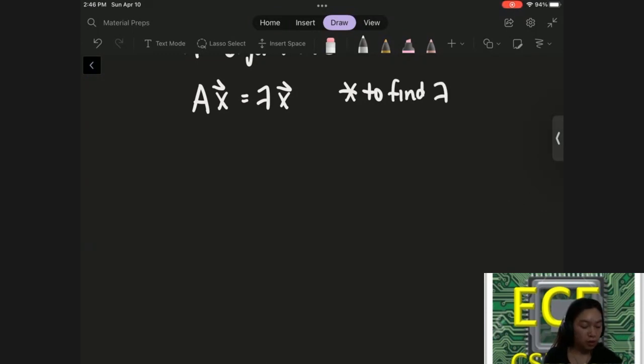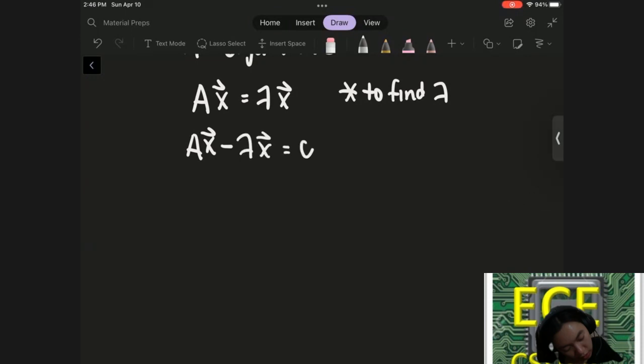I'm going to start off by moving lambda times the vector x to the other side. To do that, I'm going to subtract. So A times the vector x minus lambda times the vector x equals 0.